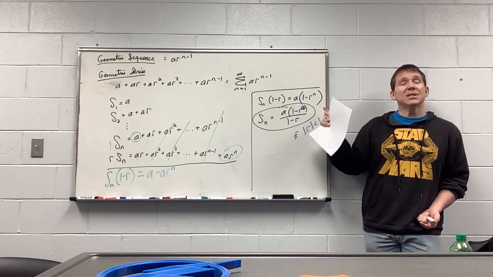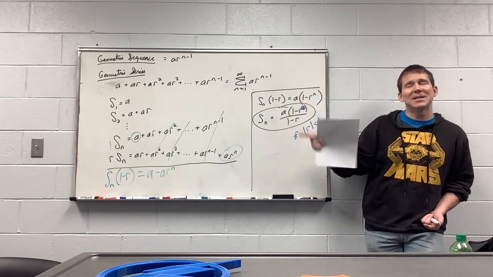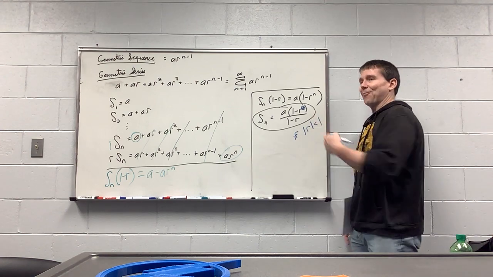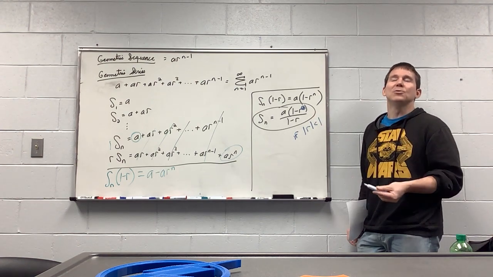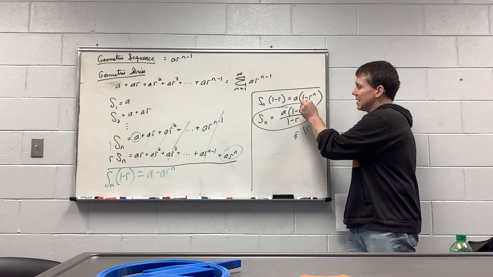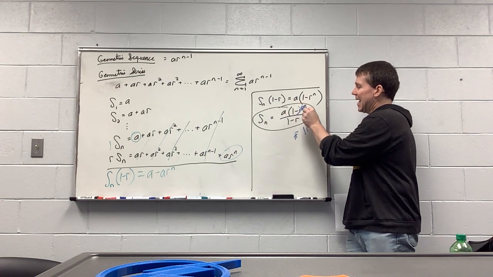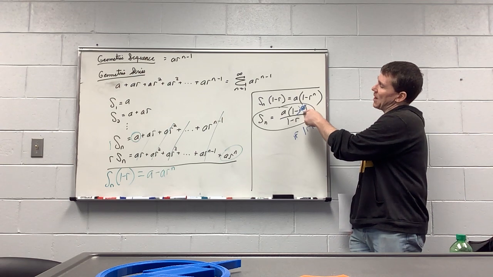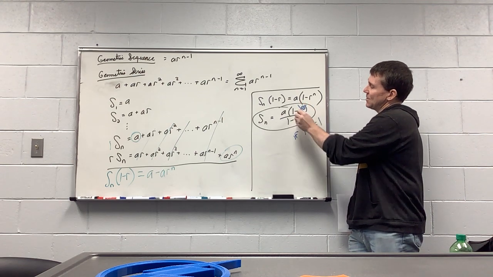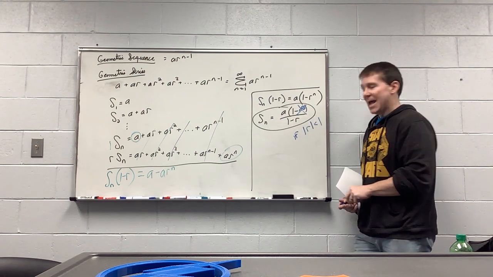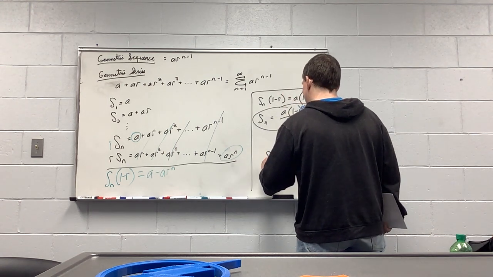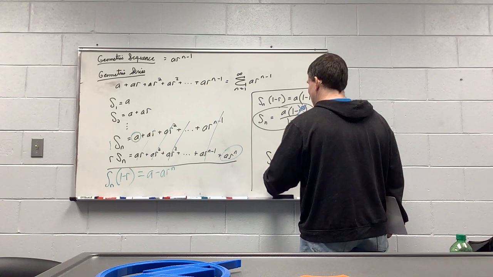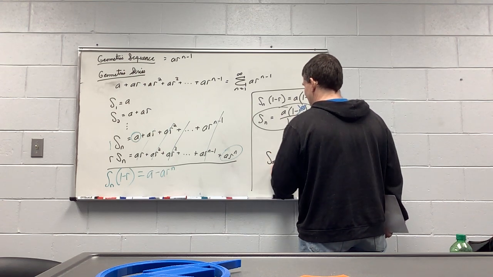And as n approaches infinity, as I look at the infinite series, that fraction approaches 0. Raise a fraction to a really high power, it approaches 0. Which means, as n approaches infinity, if the absolute value of r is less than 1, that term goes to 0. And then I get S sub n, and actually maybe here I'll say S sub infinity, just so we're clear.